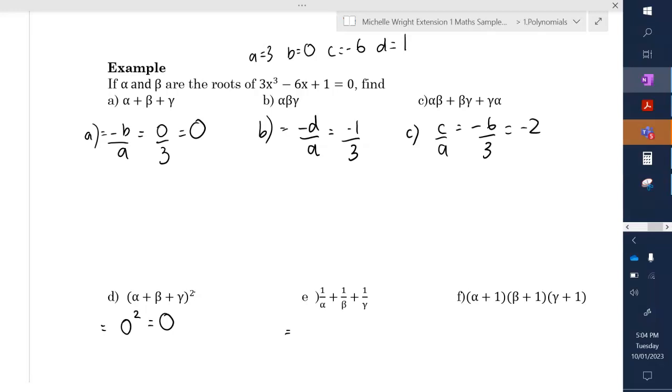E, however, we definitely don't have something for this. So please don't go 1 over 0 in this case, because that is not what this is. We need to think of this as an algebraic fraction, and we want to pop these over a common denominator, which is going to be alpha beta gamma. Okay, so how many times does alpha go into alpha beta gamma?